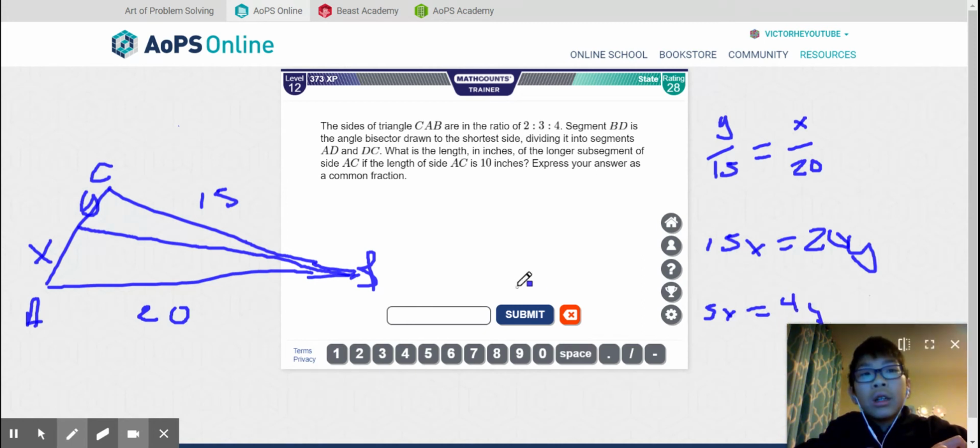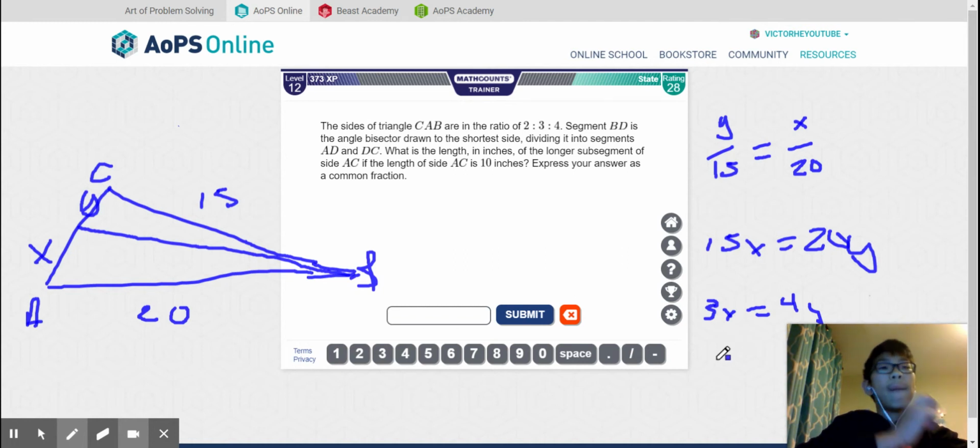So 3x equals 4y and x plus y equals 10. I'm trying to think of how to convert this to 10.